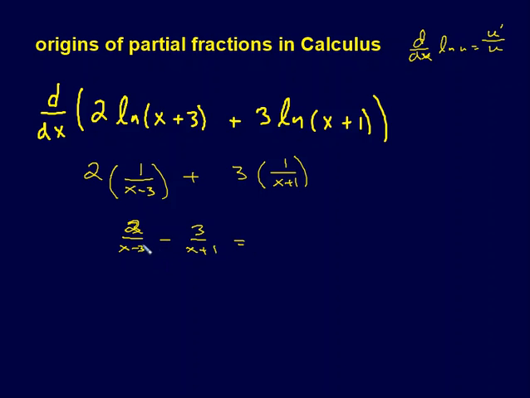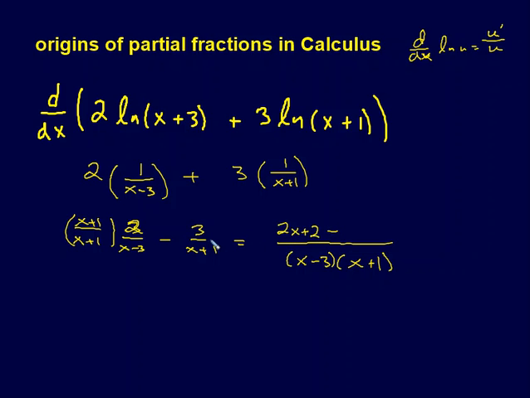However, today let's put these together, which means we want to make a common denominator of x plus 3 times x plus 1. And that would mean that the first fraction would have to get multiplied by x plus 1 over x plus 1. And that would make the upper left corner 2x plus 2.